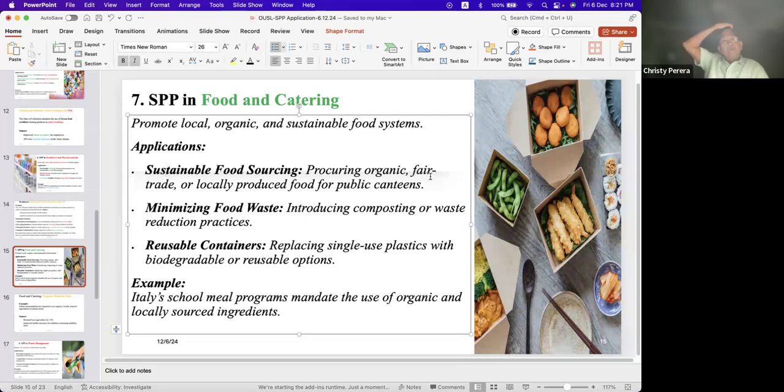So sustainable food sourcing is procuring organic, fair trade. Fair trade is a certification. Locally produced food for public canteens. They can do that. Even still our people can do. I mean, a 5-star hotel can keep all apples, grapes, and pears, everything.